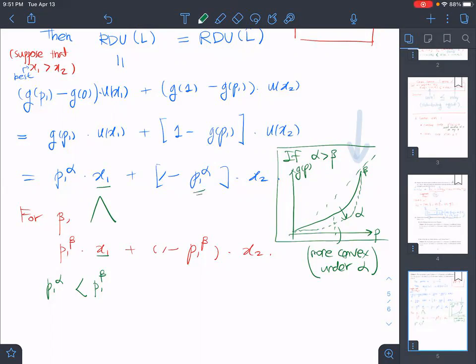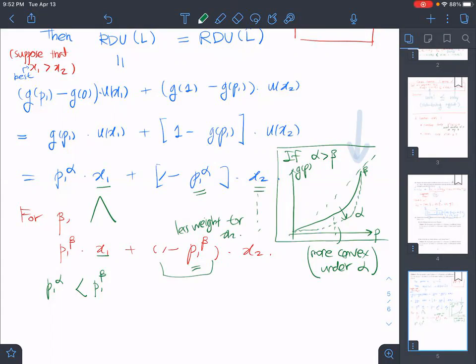So the line below is greater than the line above. And now here, x2 gets a smaller number. I'm attaching less weight to x2, because as P1 beta goes up, 1 minus P1 beta will decrease.